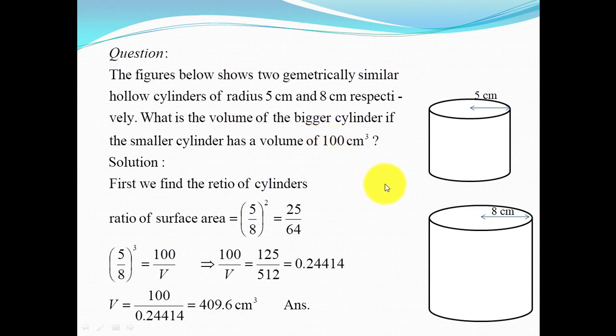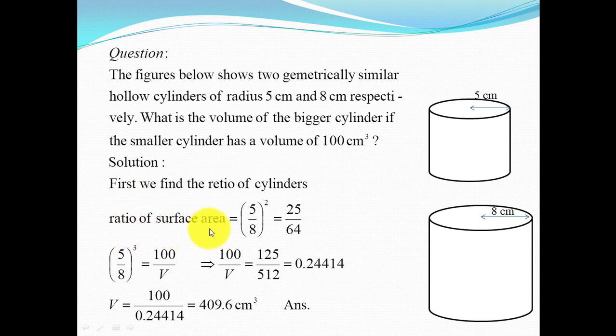So when such problems are given, we use the ratio formula. Now we get the ratio of both cylinders. How can we find the ratio of surface area?